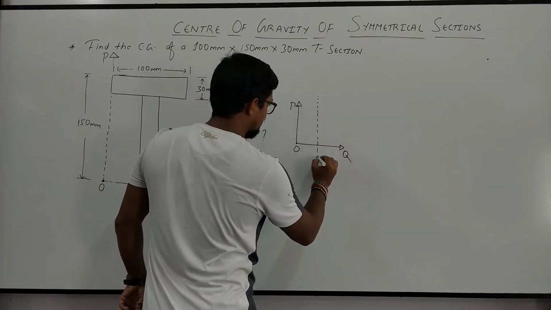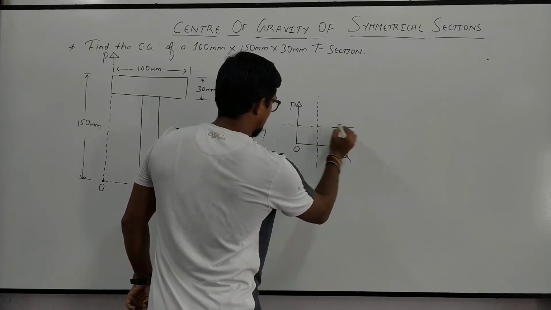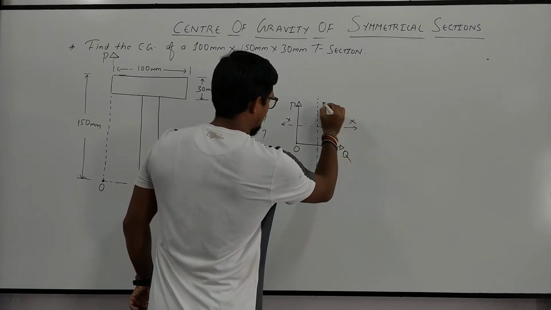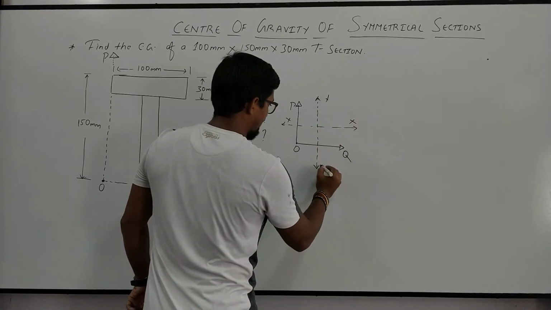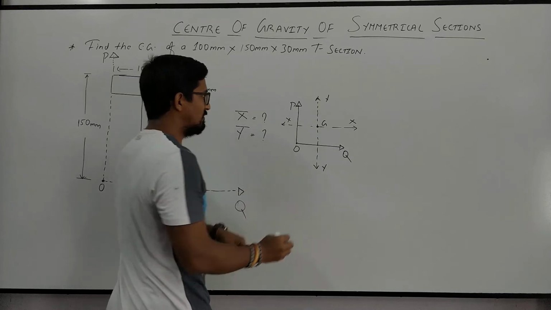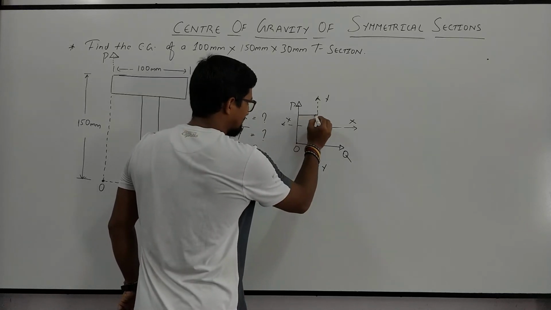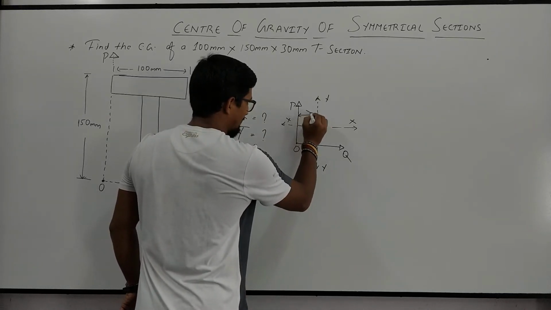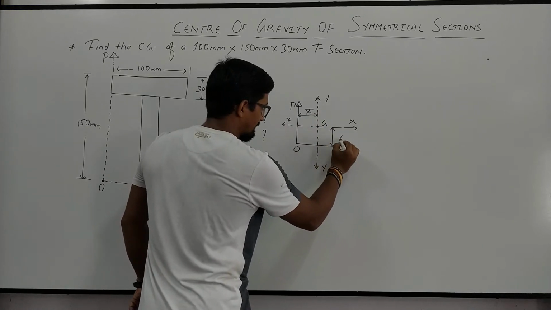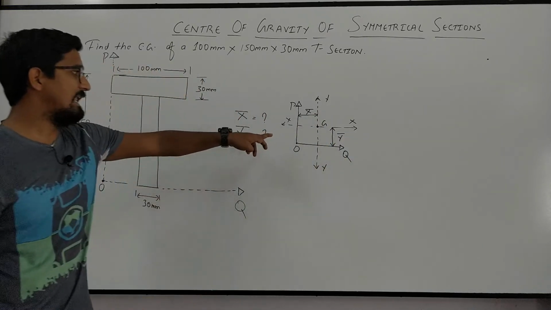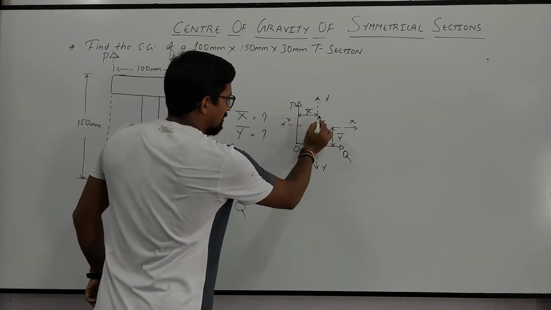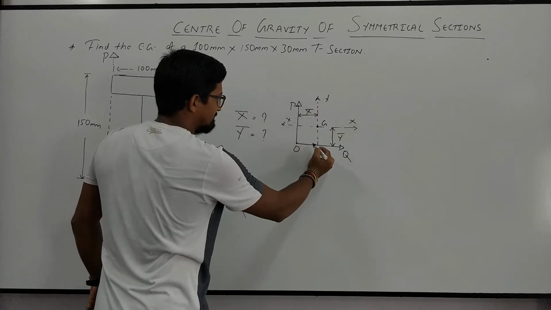Suppose this is the XX axis and this is the YY axis, and here is the CG. So this X bar is this distance, and this Y bar is the vertical distance.